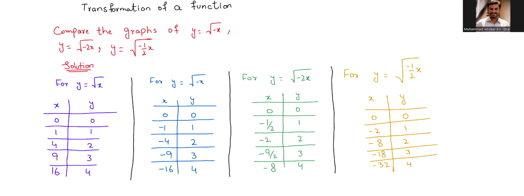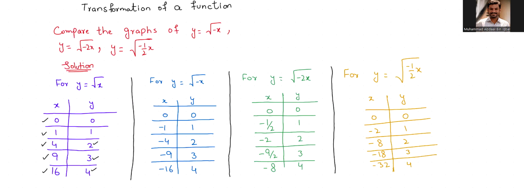If x is 1, y is 1. If x is 4, y is 2. Similarly, x is 9, y is 3, and x is 16, y is 4.